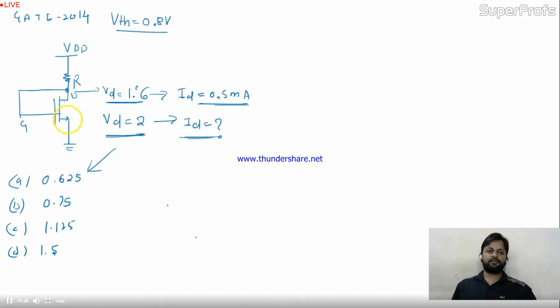So for this particular question, first we have to find in which region this circuit is working. If VDS is greater than VGS minus VT, then it's saturation. Let's check it.